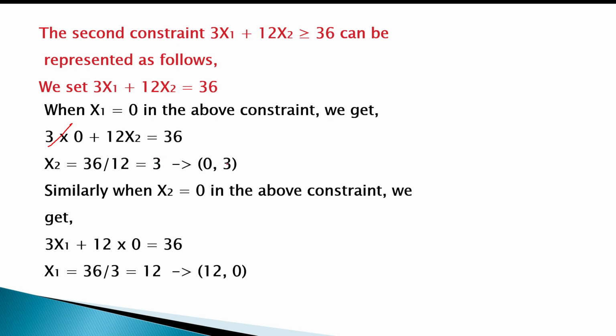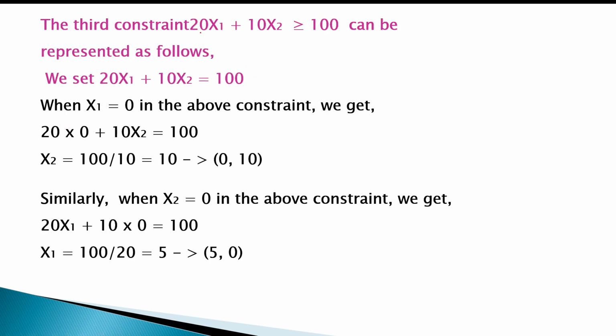So x1 is 0, x2 is 3. Similarly, when x2 equal to 0, we left 3x1 equal to 36. So x1 is 36 divided by 3, you get 12. So when x1 is 12, x2 is 0. Connect these two points, you get the second linear graph from the second constraint.